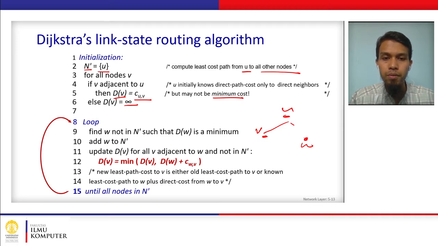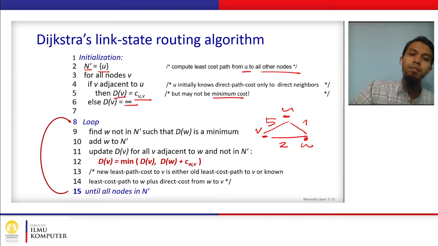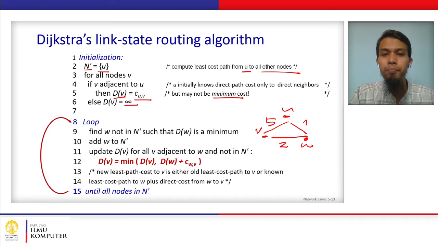In the first iteration, the cost path from u to v is 5, and from u to w is 1. The cost path from w to v is 2, right? So we try to move one step to w and compute the cost from w to v. In this example, it is 2.